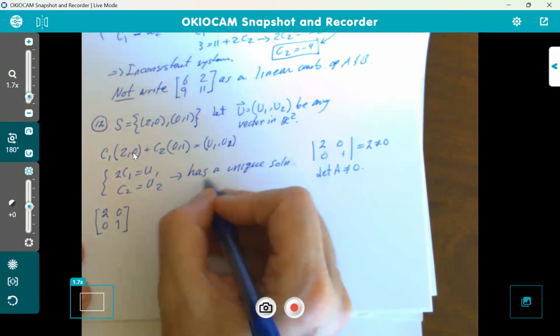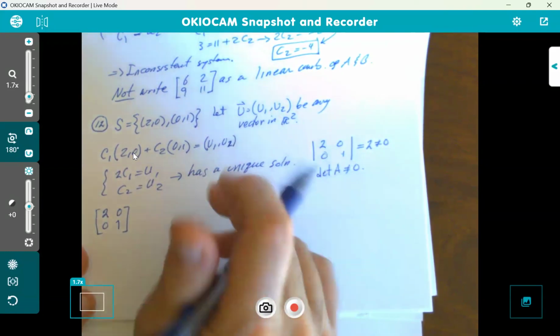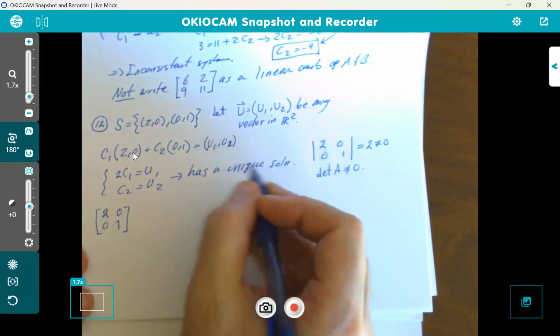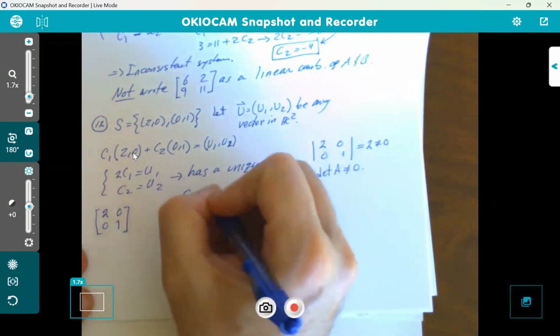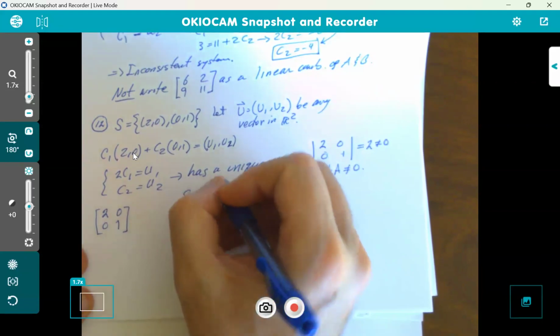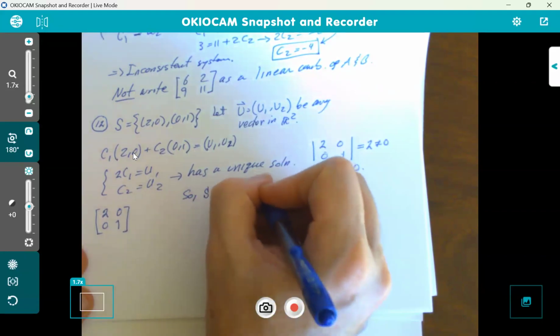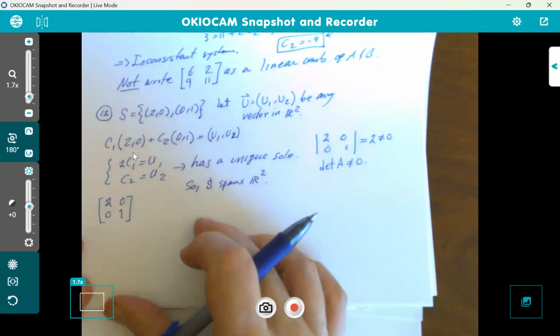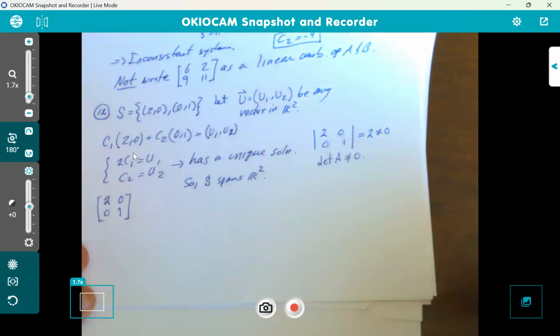The determinant of the coefficient matrix is non-zero, and therefore this set spans R2. Yes, spans R2. Any vector you desire can be written as a combination of these two.